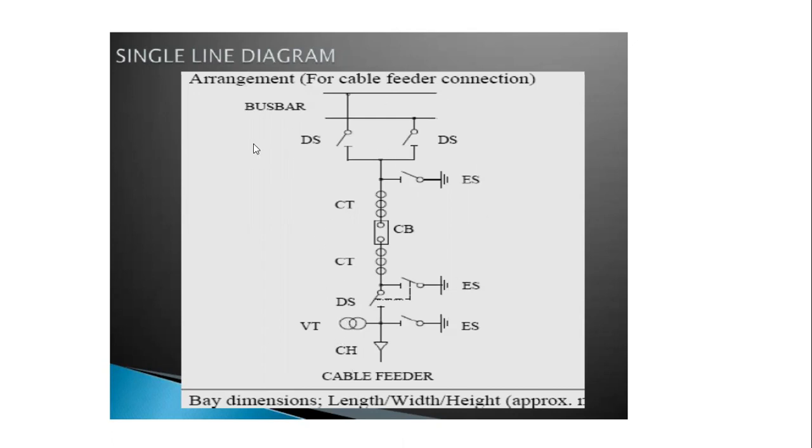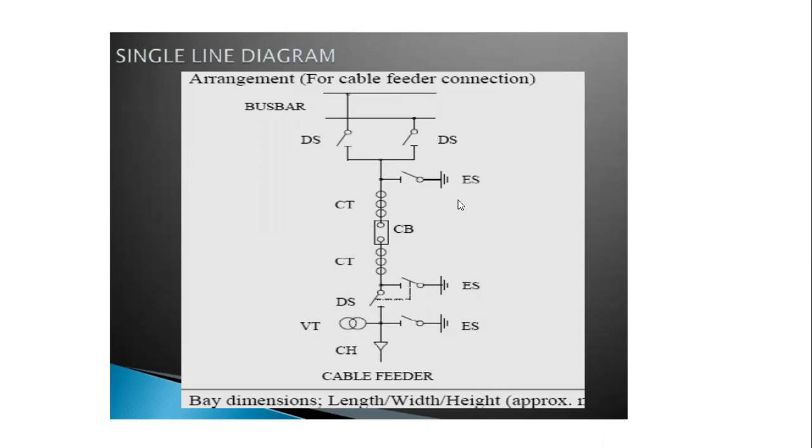This is the single line diagram for the gas insulated substation. Here we are using the double bus bar arrangement, and various disconnect switches and earthing switches.